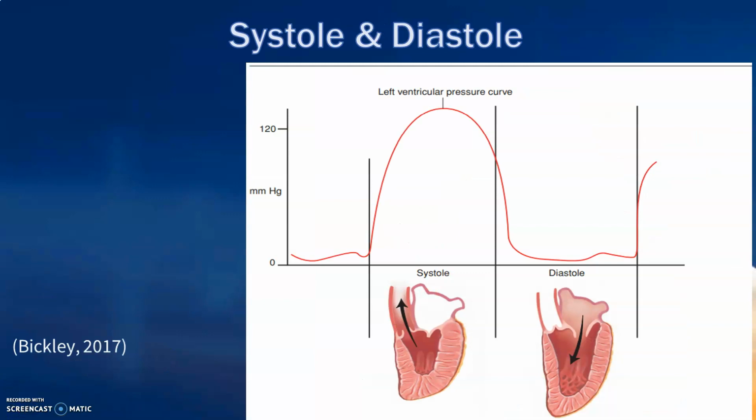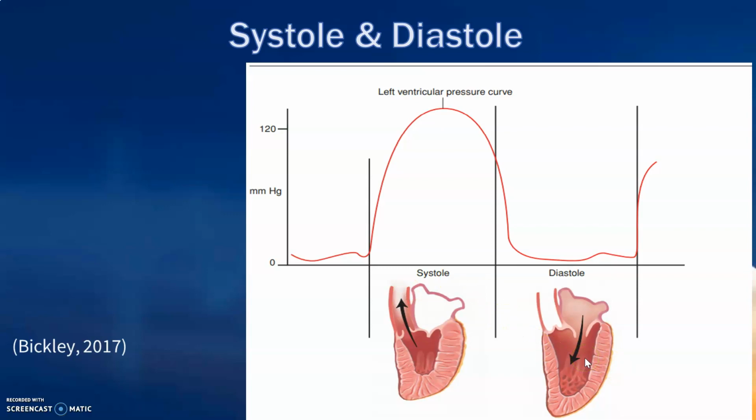So let's talk about systole and diastole, which is very important as it relates to when these sounds are actually created. First I want to talk about systole. Systole is the contraction of the ventricles. During contraction, it pushes the blood out of the ventricles, whether it's the left or the right.